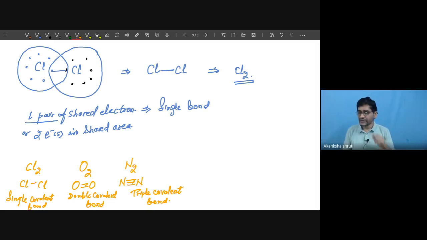So we have observed that even molecules which do not contain carbon are able to form covalent bonds.